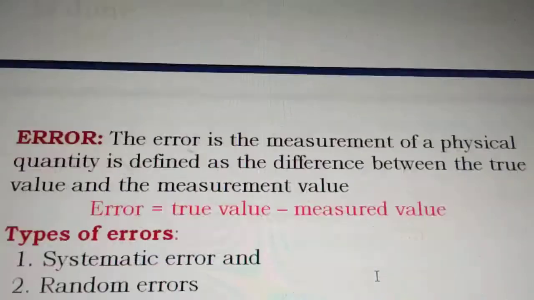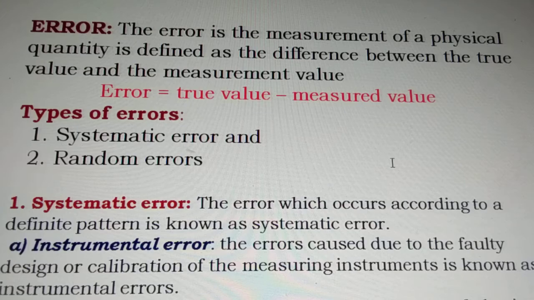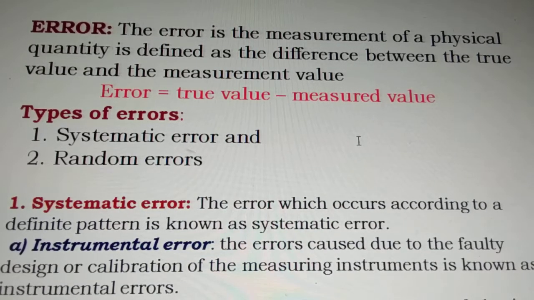An error in the measurement of a physical quantity is defined as the difference between the true value and the measured value. A true value differs from the measured value. Whenever this difference is there, we can call it an error. If the true value is equal to the measured value, it means there is no error.